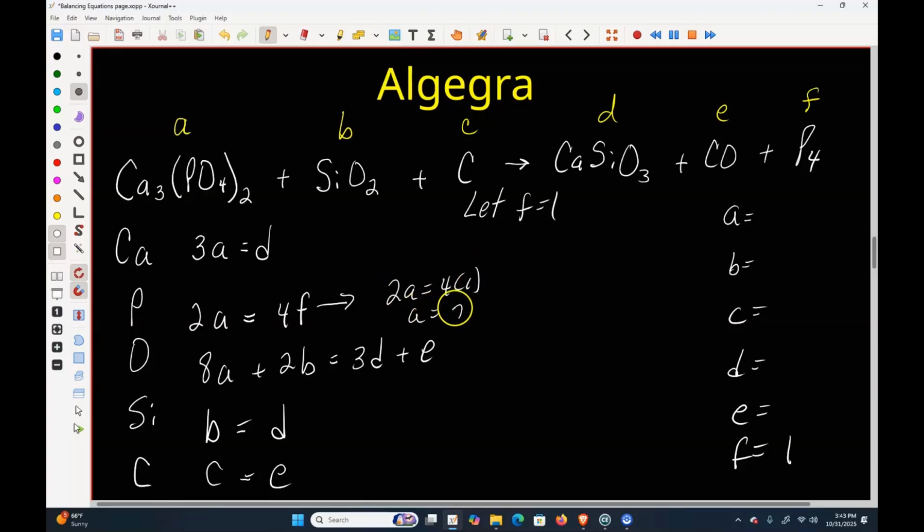So A would have to equal 2. All right, so 3 times 2 equals D. So D must equal 6. If D is 6, then B is 6.